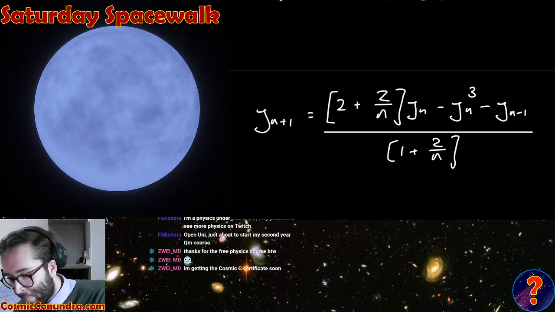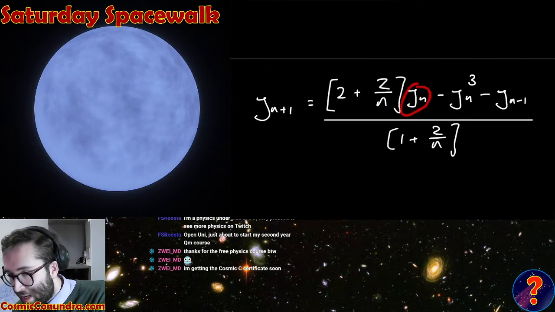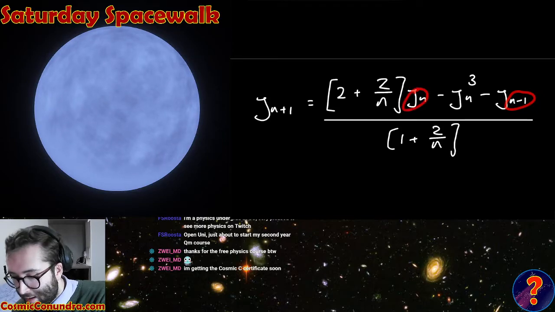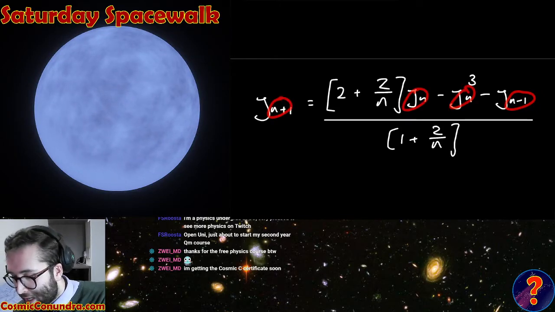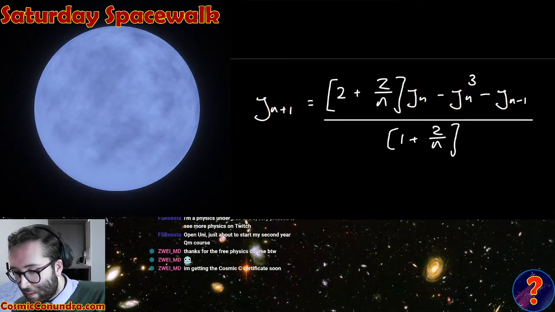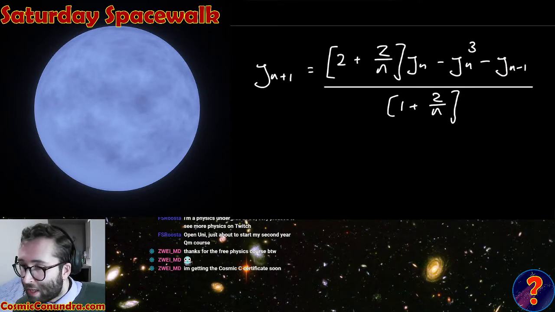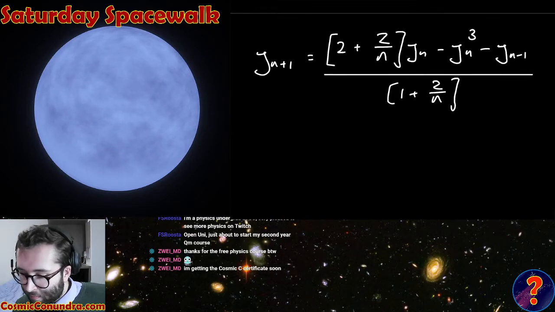Okay, so now you can see if you know two values, n minus 1 and n, you can then use these to work out the n plus 1th value.